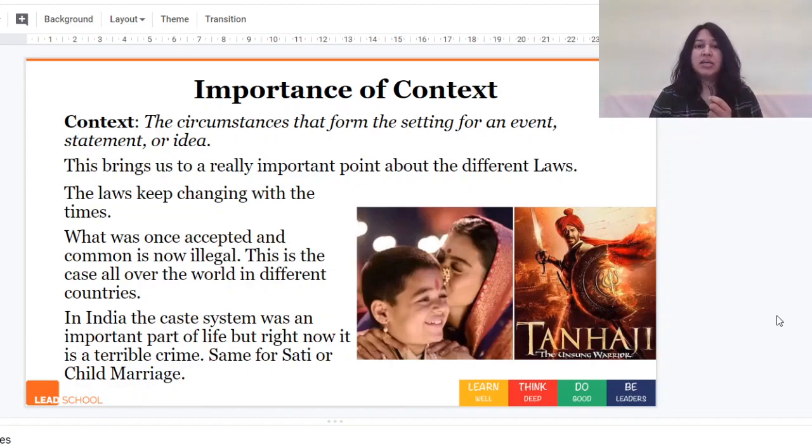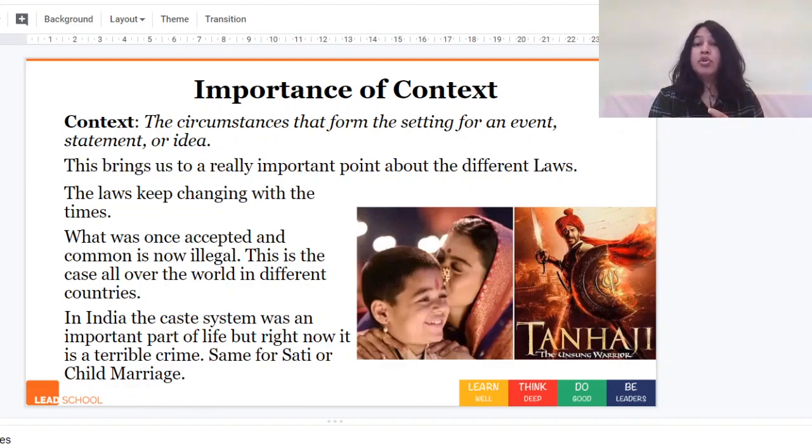The laws actually keep changing with the times. What was once accepted and common is now illegal. This is the case all over the world, in different countries. In India, the caste system was an important part of life, but right now it is a terrible crime. The same goes for sati, the practice of sati or child marriage.